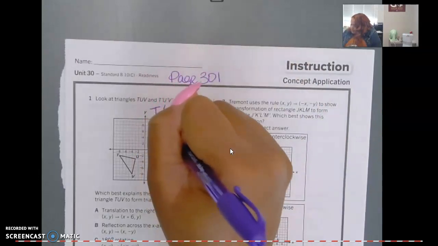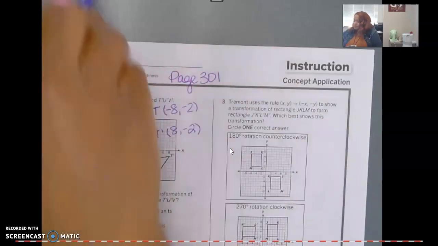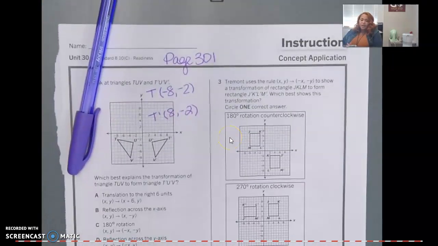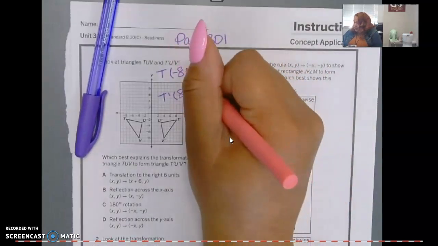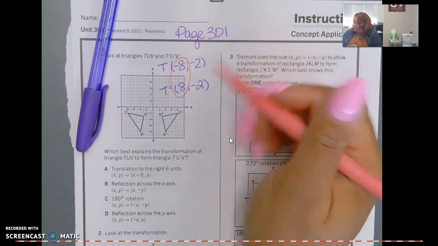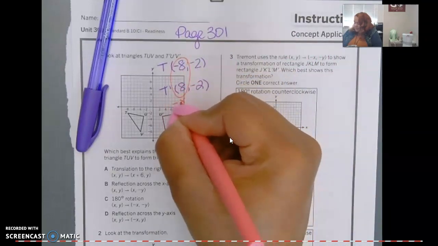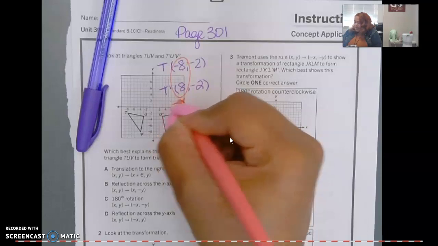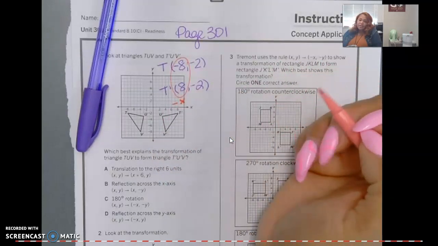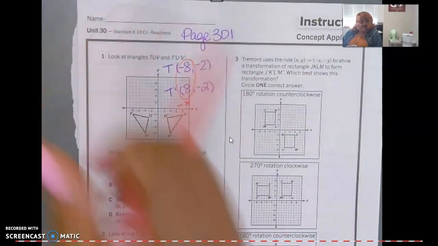Then you look at T prime and you're at +8 and -2. Here you need to look at which one changed. You went from having a regular X to the opposite of X, and your Y did not change. So you need to find an appropriate answer that matches that.